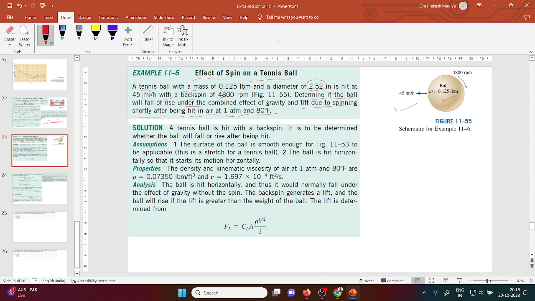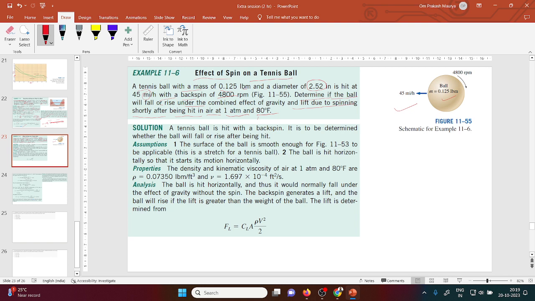So determine if the ball will fall or rise under the combined effect of gravity and lift due to the spinning shortly after being hit, in air at the given pressure and temperature. So basically here you need to calculate the lift.